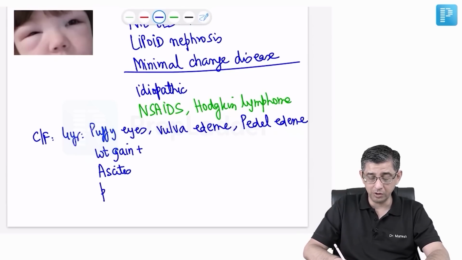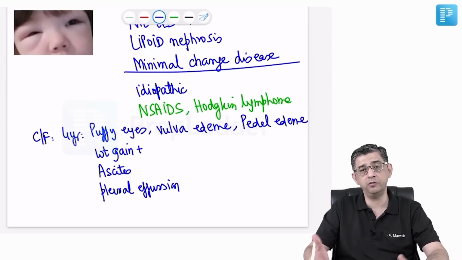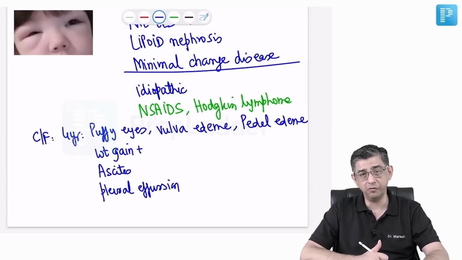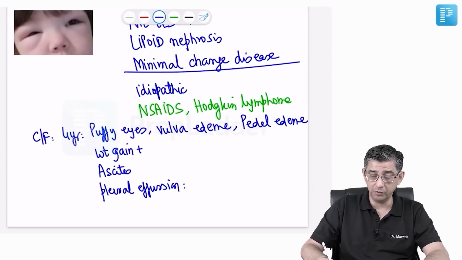Why that is so is because there would be a urinary loss of albumin, so oncotic pressure will reduce, and every time there is a reduction of oncotic pressure, there's going to be development of a transudative variety of pleural effusion. This pleural effusion, guys, because it is transudative, will be bilateral, and the amount can be substantial enough to contribute to breathlessness in the child also.